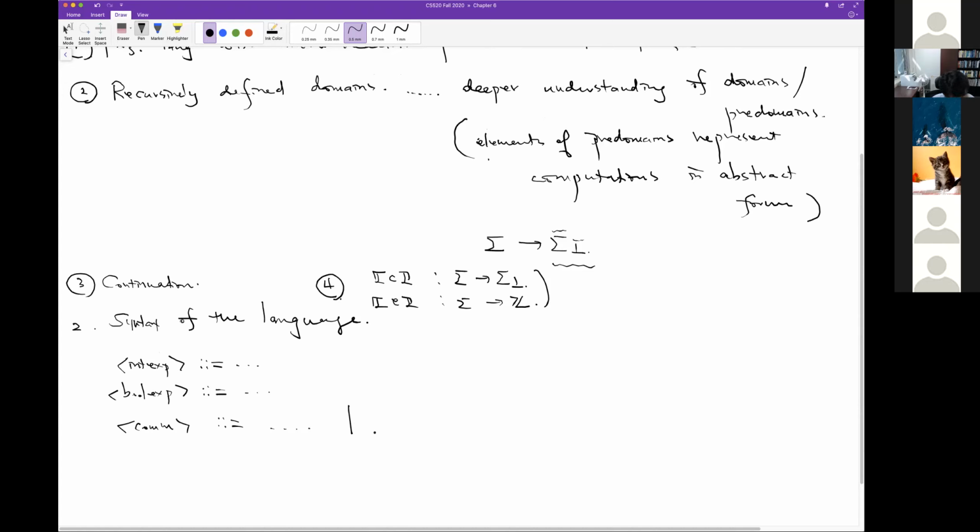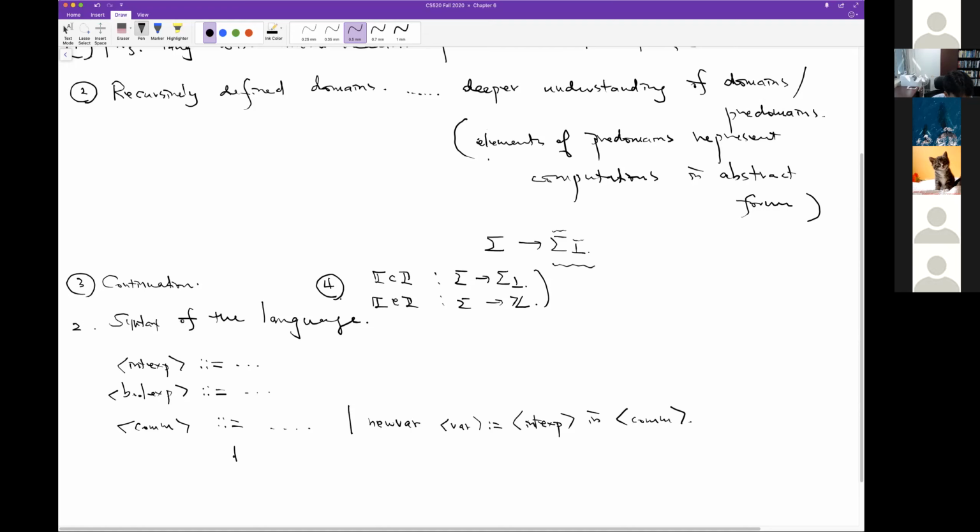I've just included one case which I didn't perhaps emphasize that much: a new variable declaration. It's often written this way. Expression and command.